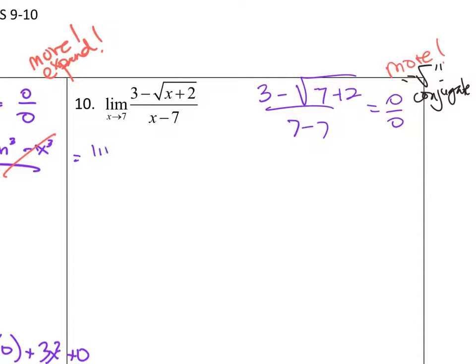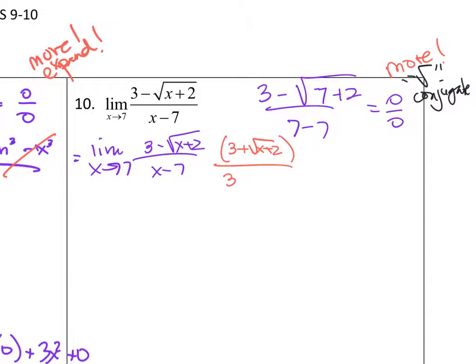So the limit as x goes to 7 of this numerator and this denominator, we have to multiply them each by the conjugate. And again, I want you to be sure and remember that since this is a negative here, your conjugate is the opposite sign.